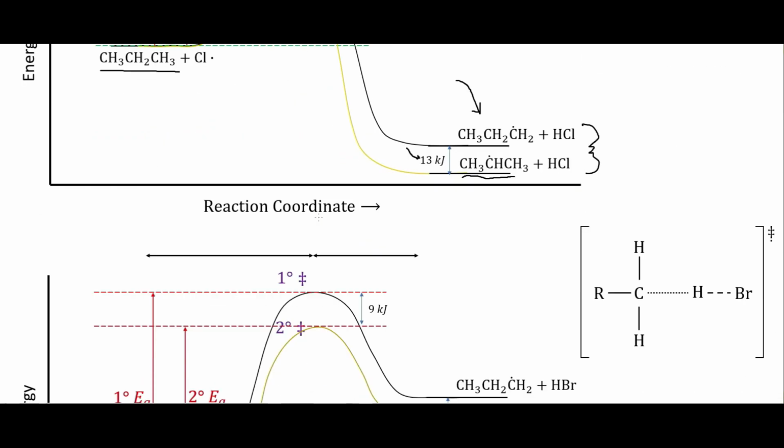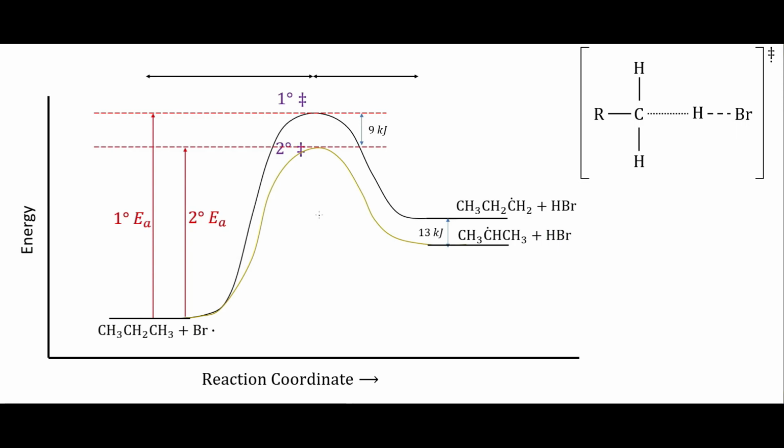What we see for bromination though now is that, well, in both cases, whether it's the primary or secondary carbon, they are actually higher in energy than our reactant, at least at this step anyway. Remember, this is just that first step. But we still see that the 2' has the lower activation energy than the 1'.